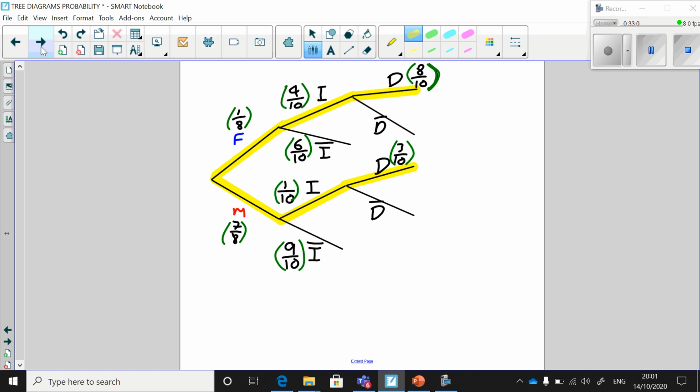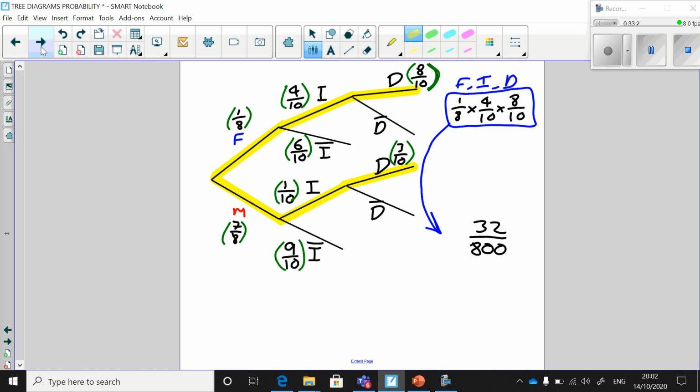So those 2 pathways lead to 2 outcomes here, 2 probabilities. Female infected destroyed, that's 1/8 times 4 tenths times 8 tenths. That gives you 1 times 4 times 8, 32 over 800. That's fine. I'm not simplifying it. And the next route is male infected destroyed, 7/8 times 1/10 times 3/10. 7 times 3, 21 over 800 in the bottom again.